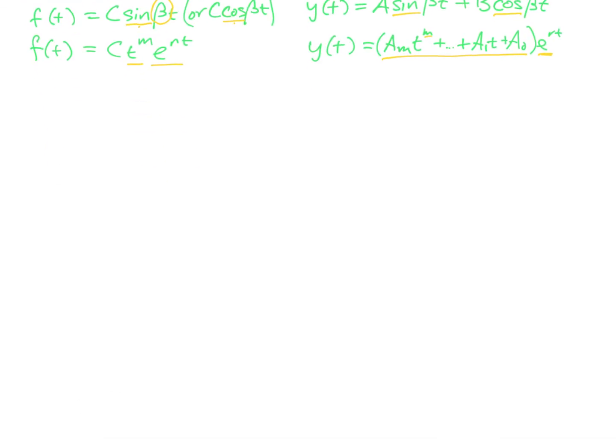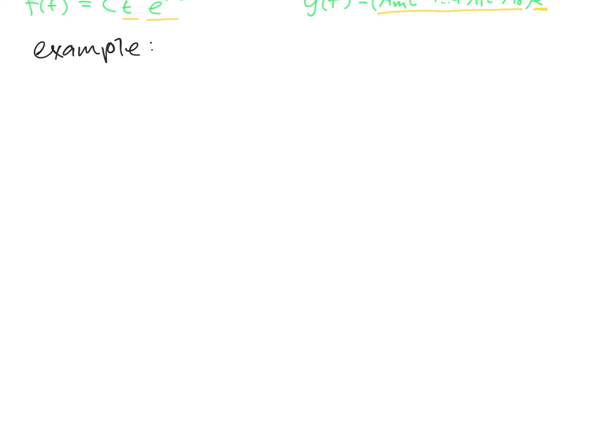So let's take our first example. That's going to be y double prime plus 3y prime plus 2y equals sine t. So this is, again, pretty straightforward.